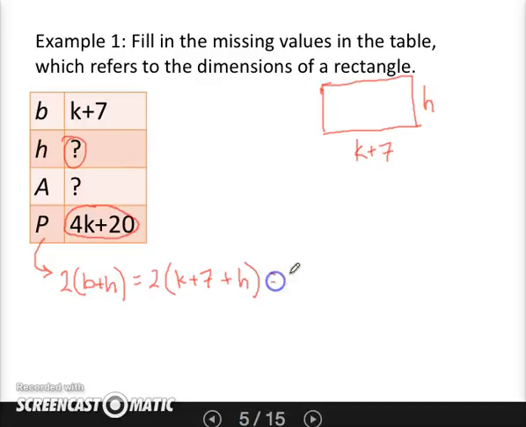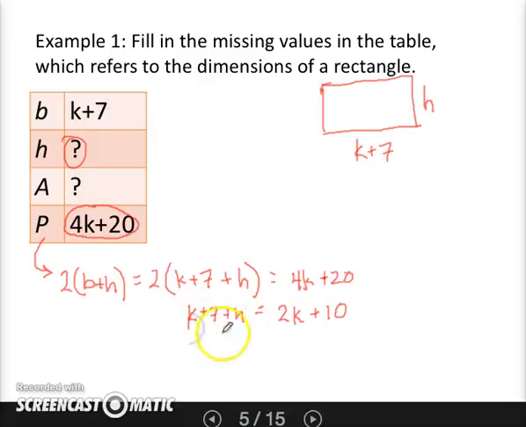So I'm going to put that that equals 4k plus 20. Let's keep in view that we're trying to solve for the height here. So I'm going to try to get the height by itself on one side and everything else on the other side of this equation. Dividing both sides of this by 2, I have k plus 7 plus h equals, I can divide each of these terms by 2, 2k plus 10.